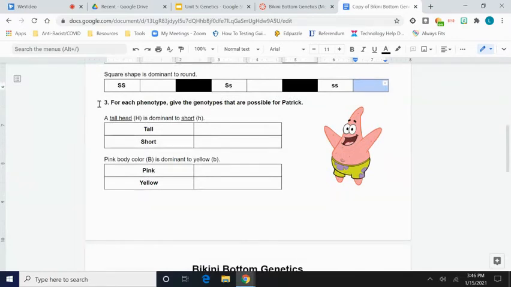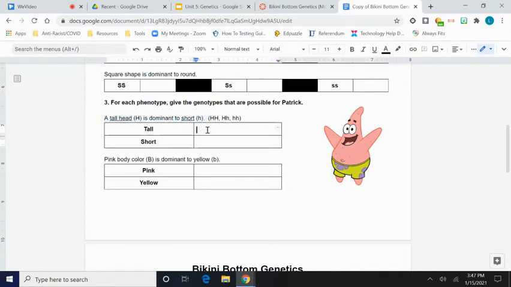For number 3, you're going to do very similar to number 2, but literally the opposite. So instead of being given the genotype, you're going to have to write down the genotype for the phenotype. So for each phenotype, give the genotype. So again, you have the 3 options: homozygous dominant, heterozygous, and homozygous recessive. And here it tells us that a tall head is dominant to short.